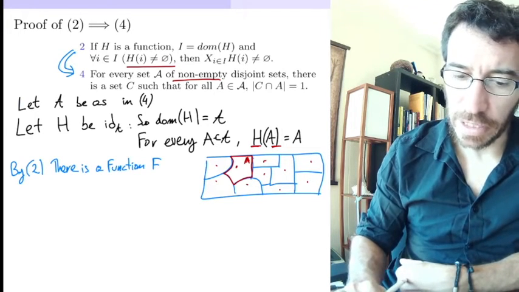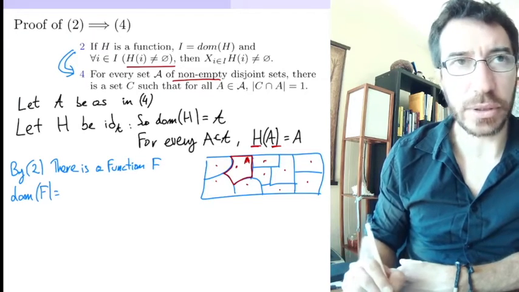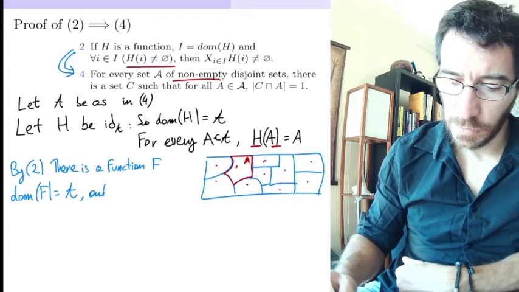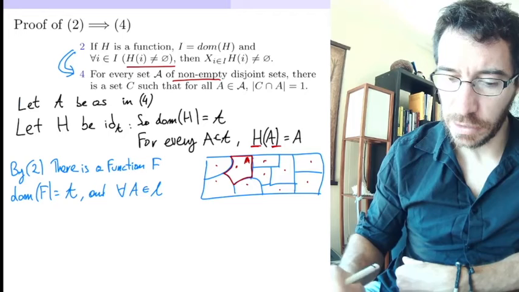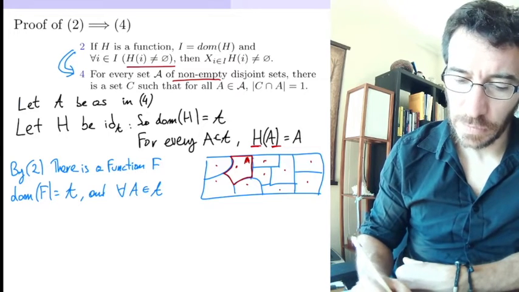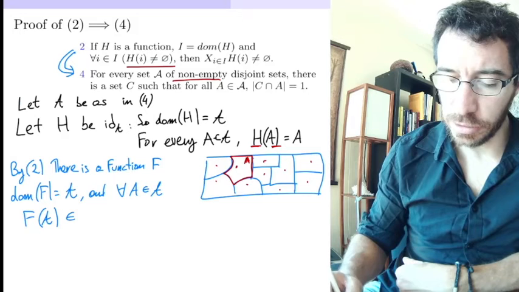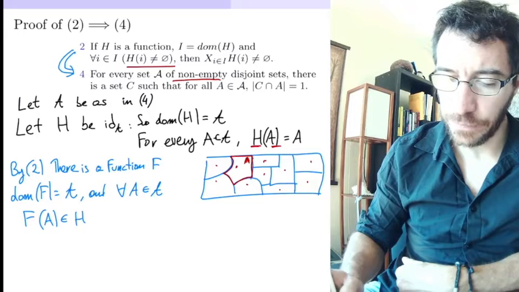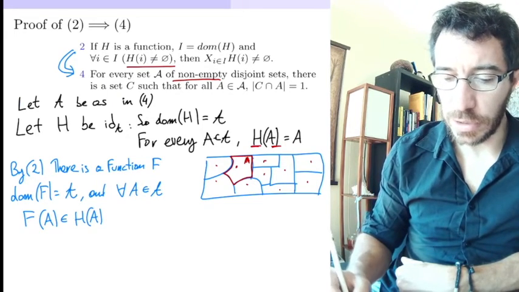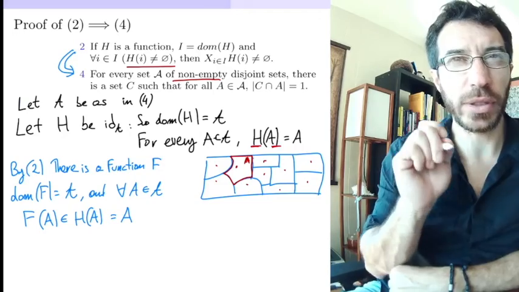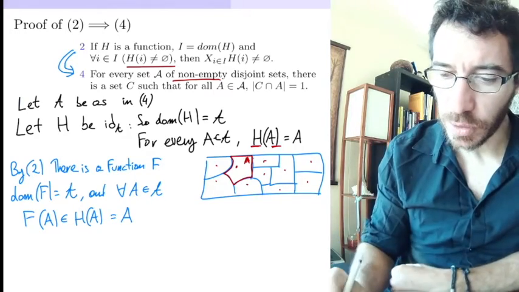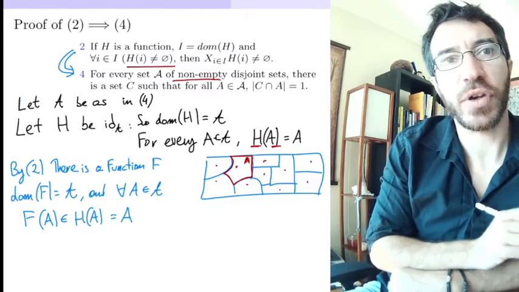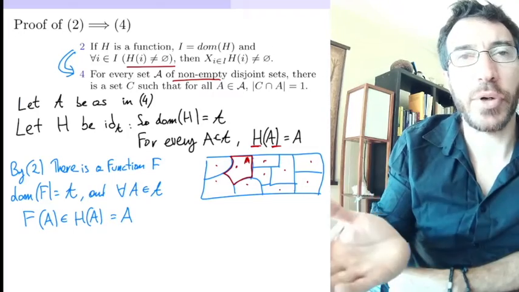It gives us a function f with domain of f equals I, which in this case is A, and for all A in the index set, f of A has to belong to h of A, which is actually equal to A. Okay, so what our function is doing is, it takes the set, like the red set here, and picks a point inside. For each of these sets in the partition, it picks a point inside.